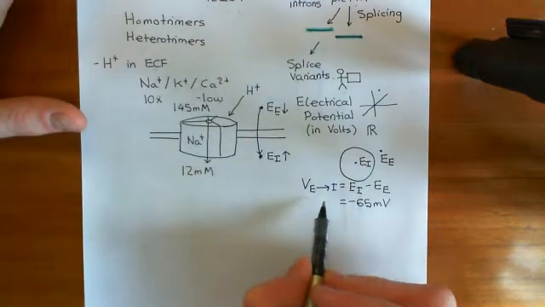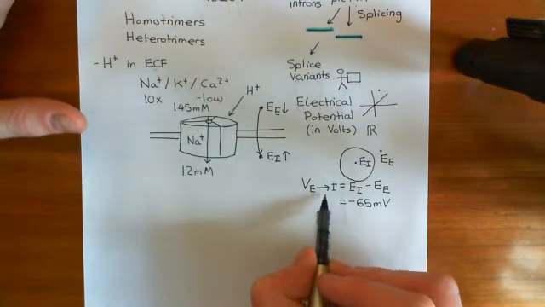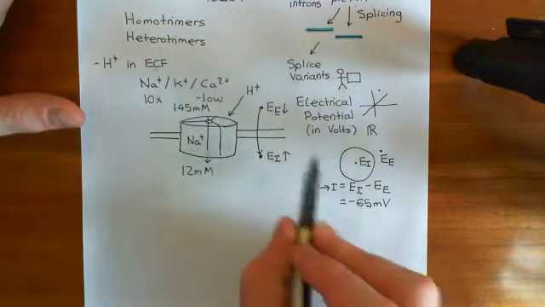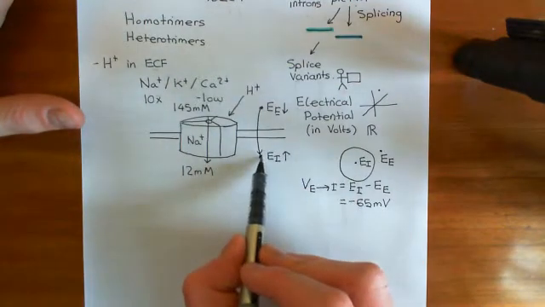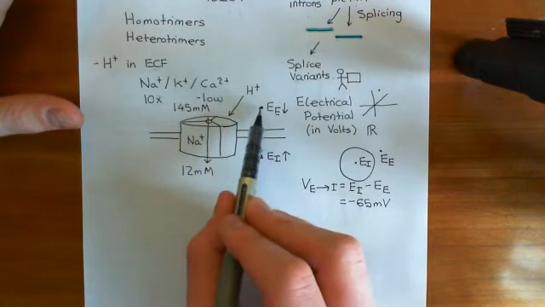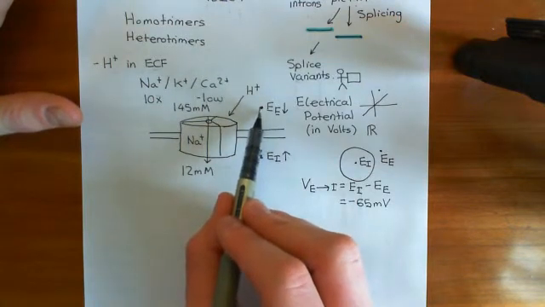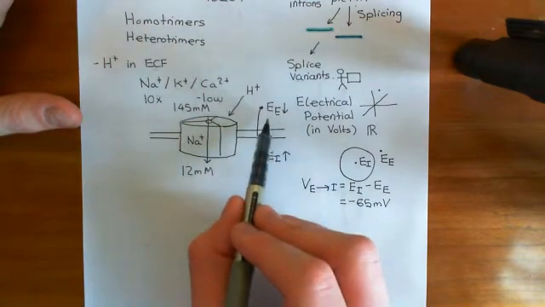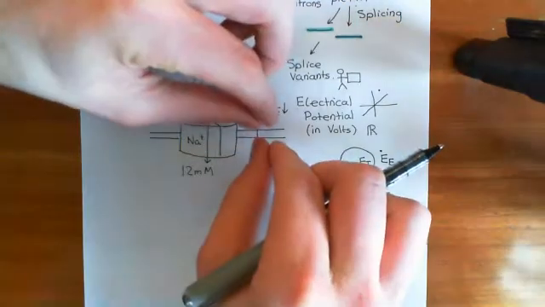Now, what effect will that have on the electrical potential difference across the cell membrane? Originally it was negative 65 millivolts, which meant that the electrical potential intracellularly was 65 millivolts lower than extracellularly. But we're now moving this one up and this one down, so they're moving in towards one another.